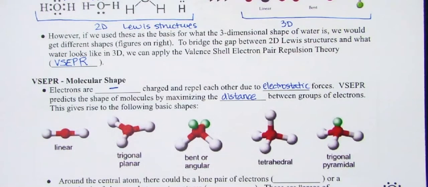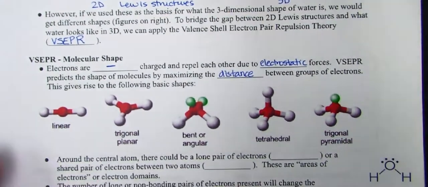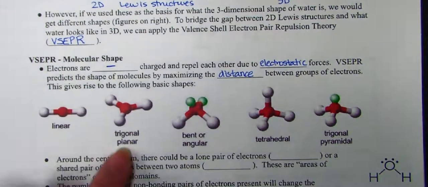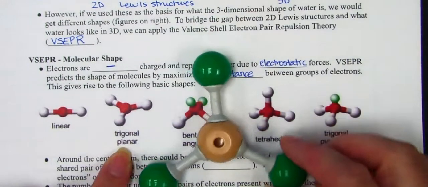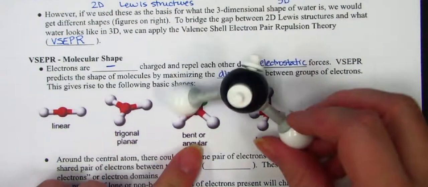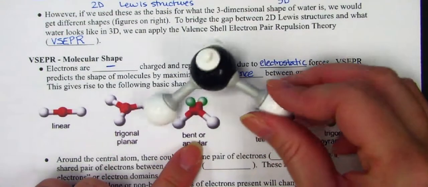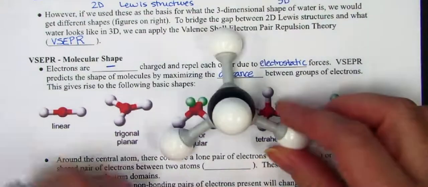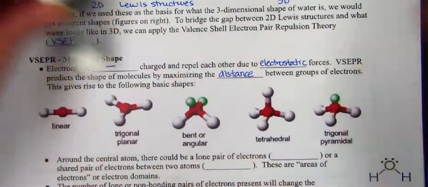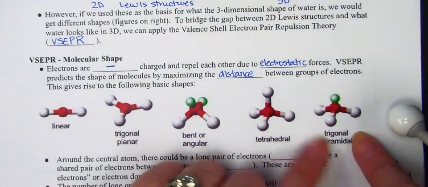This gives rise to the following basic shapes that we're going to see. We have linear, which looks like this. The next one is trigonal planar. We have bent, tetrahedral, and finally trigonal pyramidal.